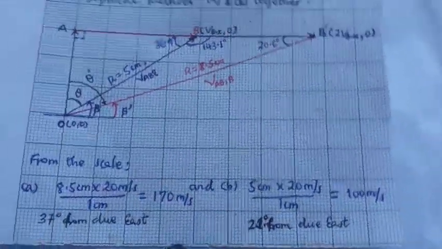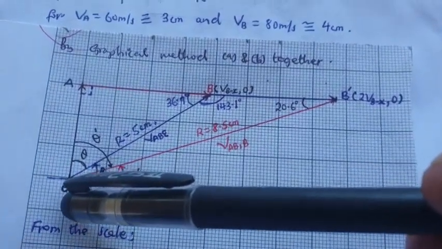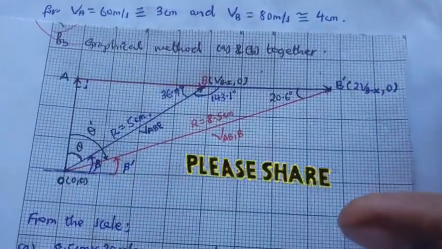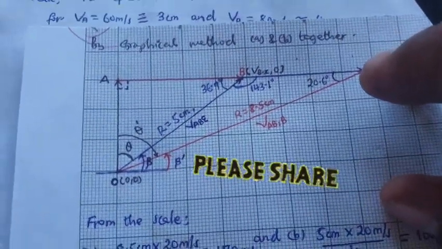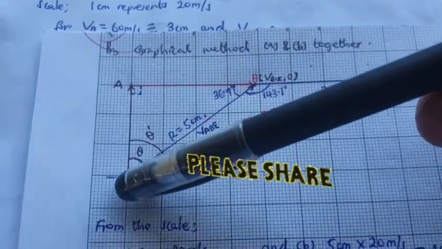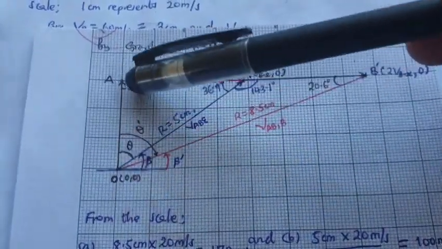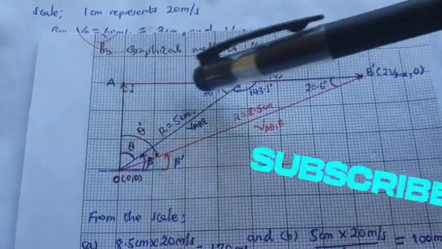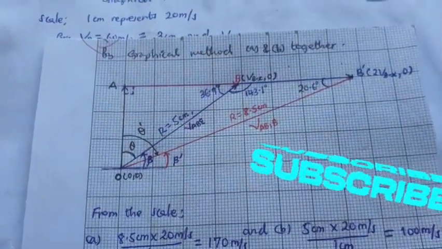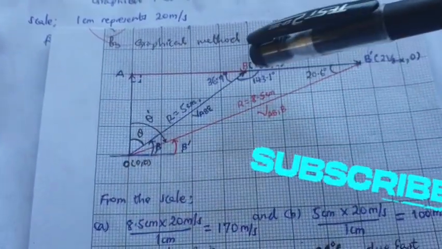Then this is the point where our observer places his frame of reference on the ground, and this is the direction for vector OA representing plane A and vector AB representing plane B. Then the resultant is from O to B.